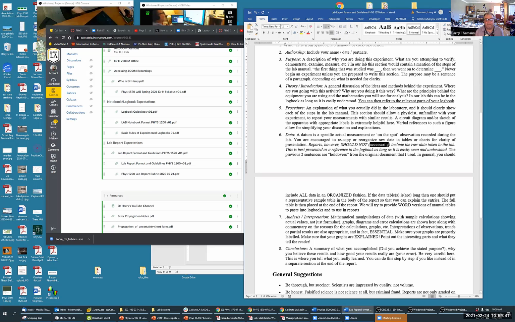as I added that. So what this was talking about, in a real situation, it may not necessarily be that the raw data is relevant to the report because you've processed it somehow.